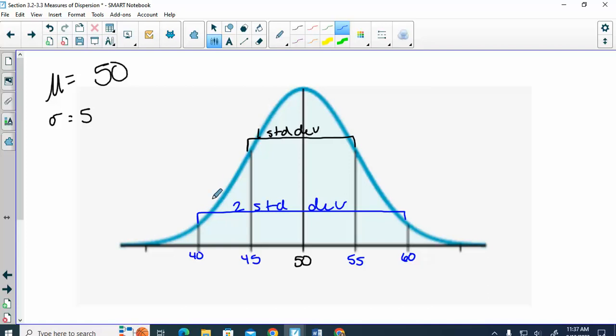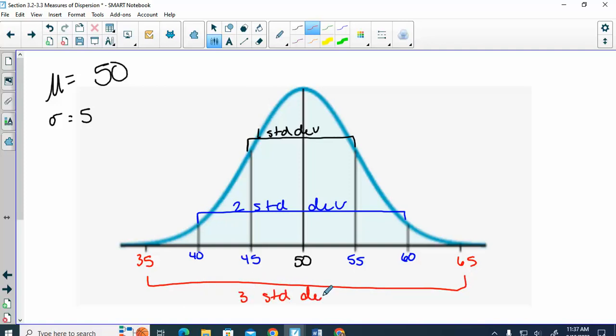And then 3 standard deviations. So if you subtract, again, 99.7% of the data should be a value between 35 and 65. That's what the empirical rule says.